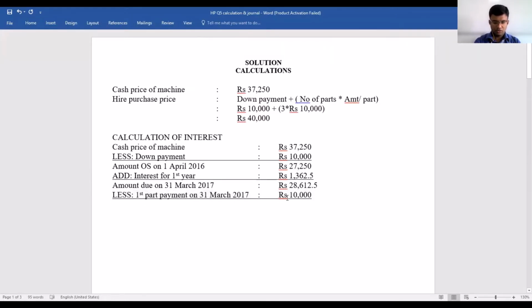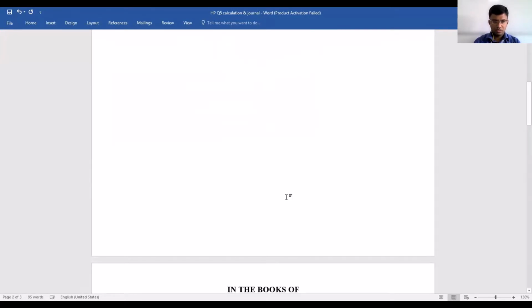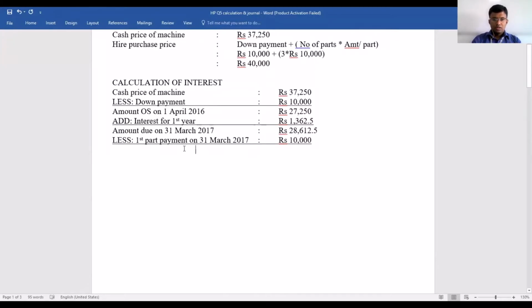Okay, so now let's go back. Now that we have calculated this amount outstanding on 1st April 2017, this works out to be 18,612.5.